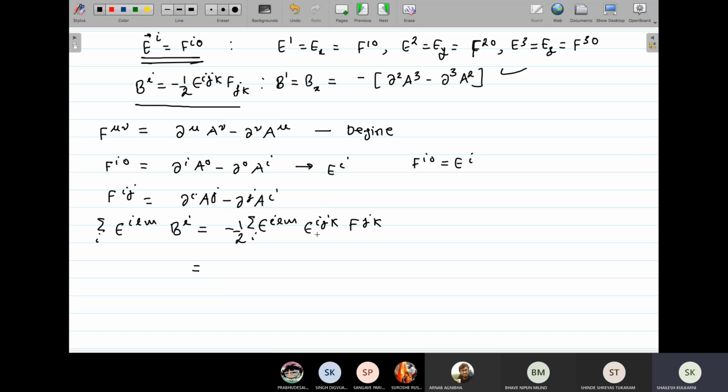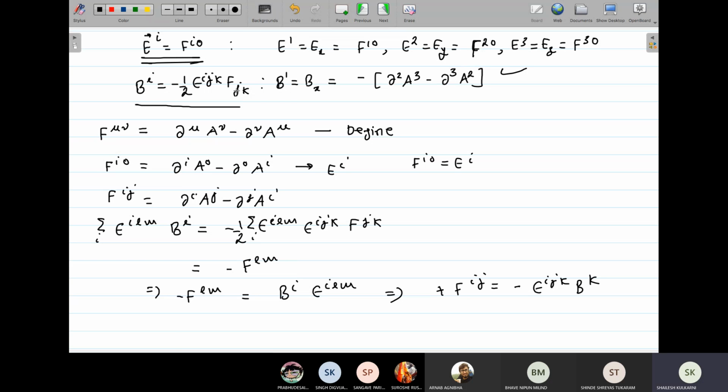You use the product expression, and you will get Flm, with a minus. So this implies minus Flm is equal to Bi epsilon ilm. In other words, if I use ij instead of lm, then Fij is equal to minus epsilon ijk Bk.